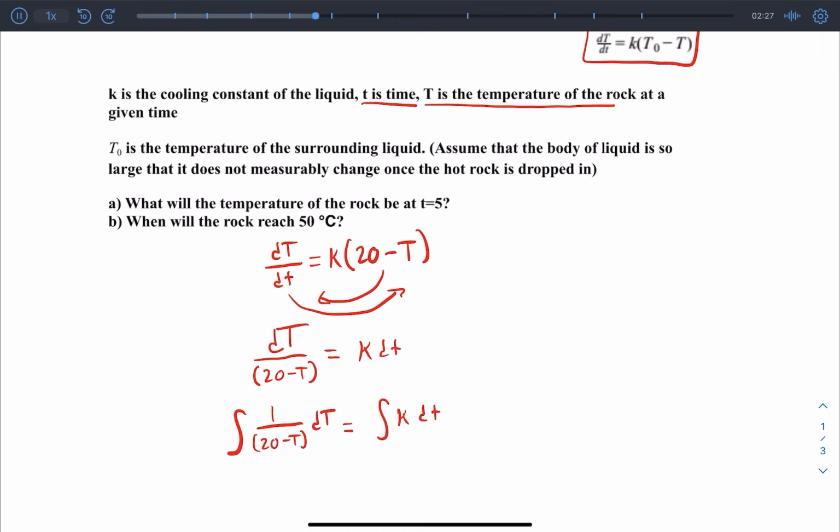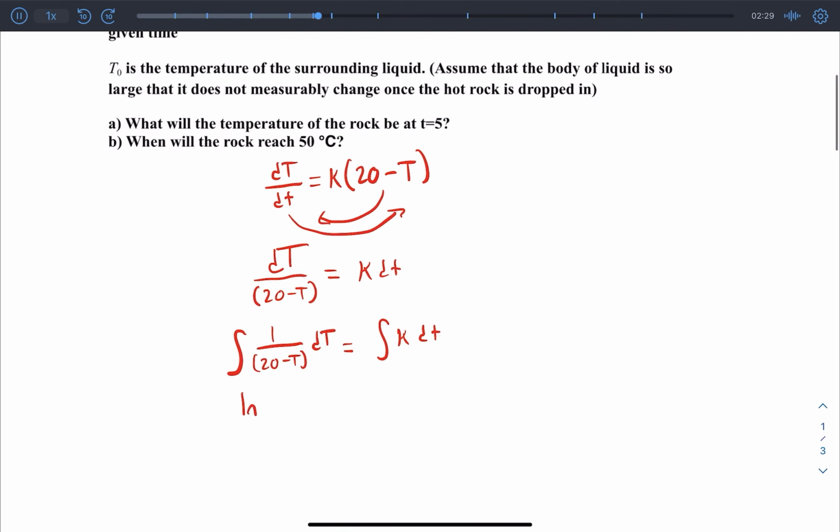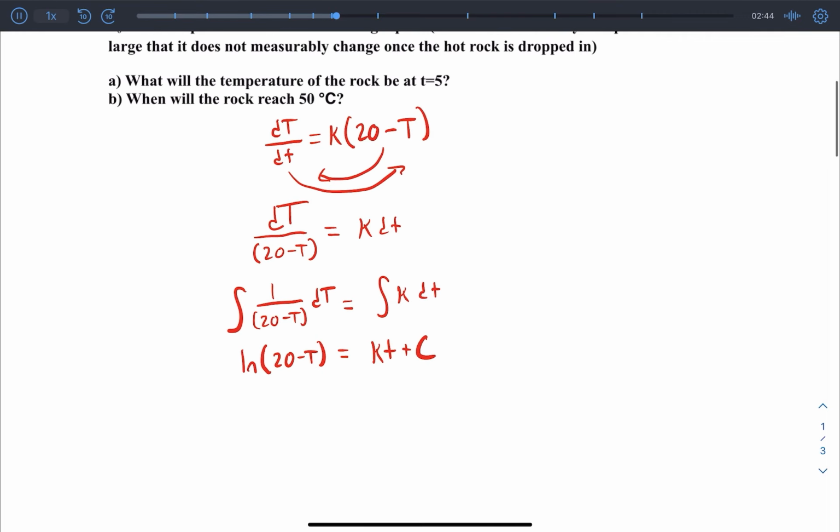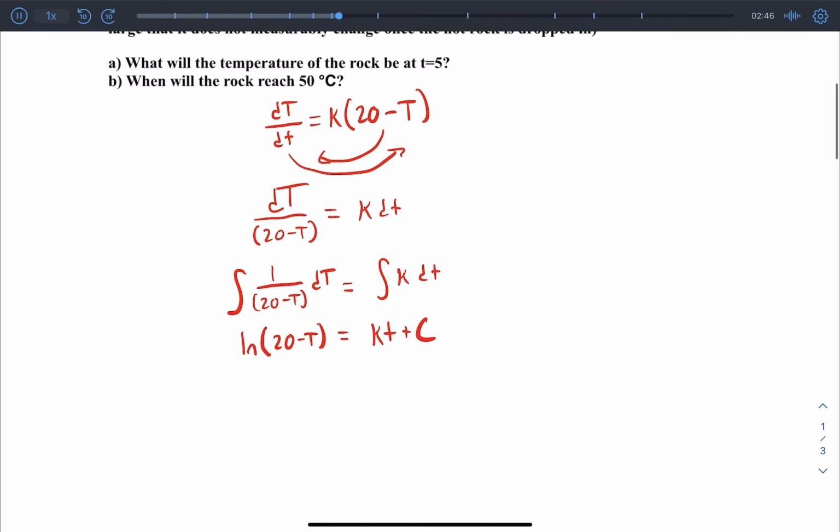Taking these integrals, on the left-hand side we have the natural log of 20 minus T, and on the right-hand side we have kt plus c. To get rid of that natural log, we can raise both sides to e.